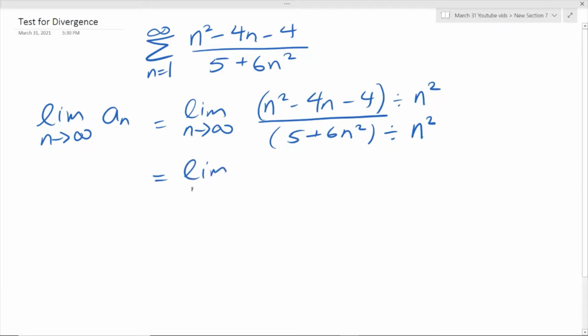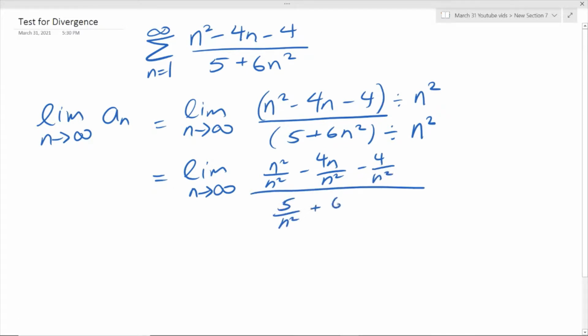And here's what we're going to do. We're going to divide each term by it. That's basically the same as dividing each term by n squared. And then we see, oh, well, n squared and n squared, they cancel out to be 1, right?